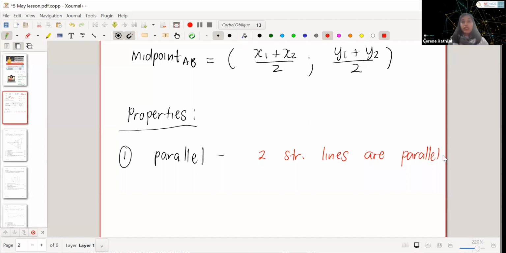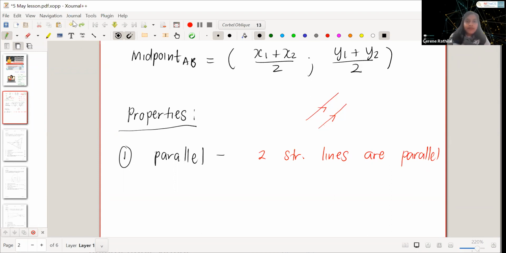So if we draw a line and another line, they are parallel if the distance between a point and likewise another line here is equidistant. So the distance is uniform between the two lines. It simply does not change.